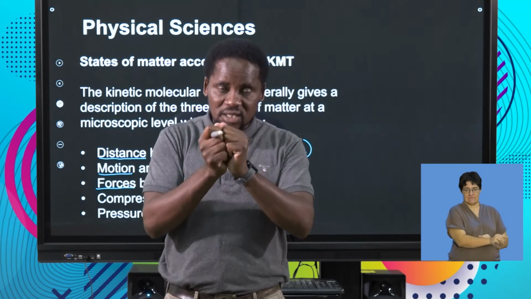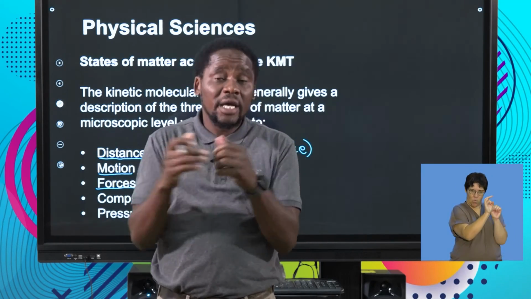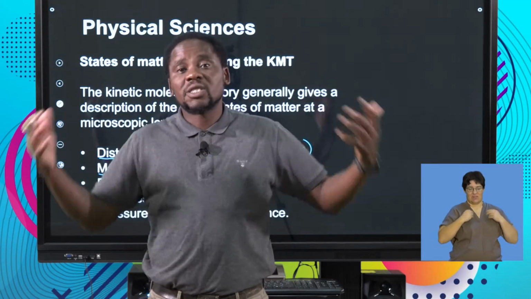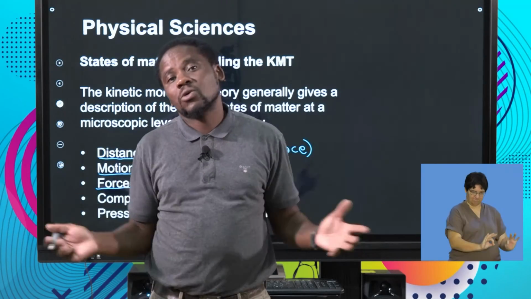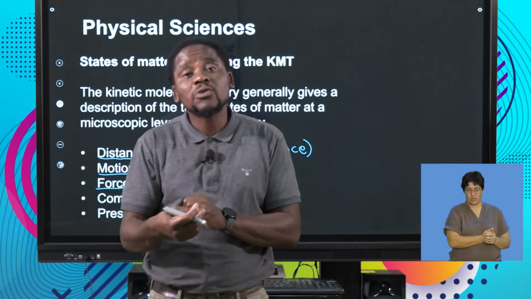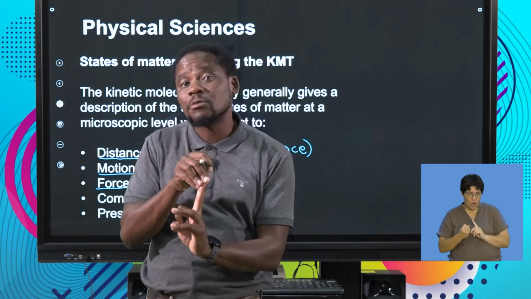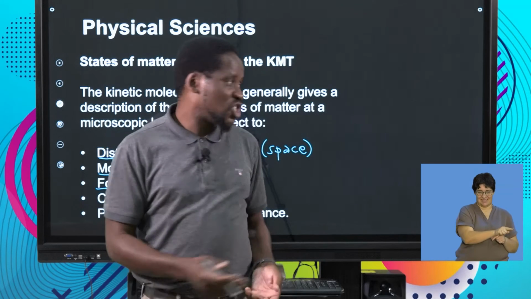So if the distance is smaller, these particles are closely packed, and hence it relates to a physical property, like we say that solids have a definite shape. All that is because of the particle nature, the strength of the forces that exist between the particles, which also influences the distance between the particles, the packing, and then also you can talk of the shape as well.